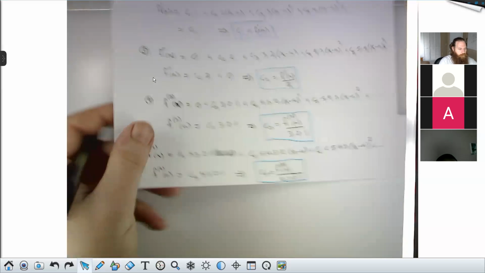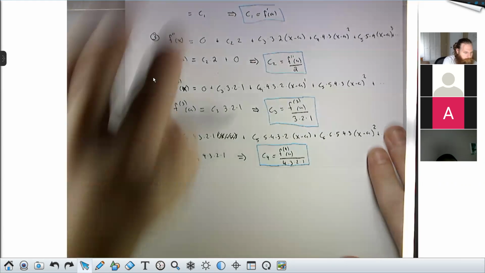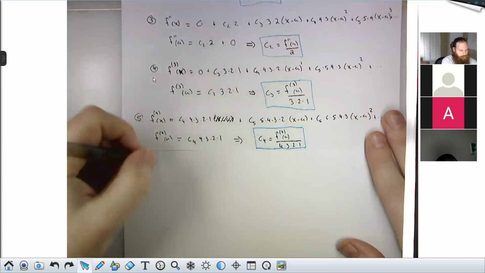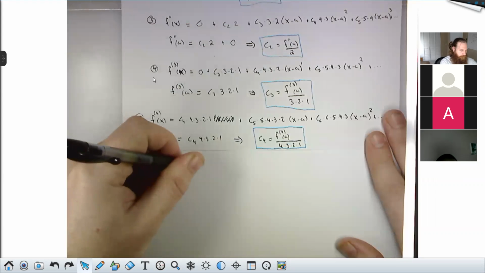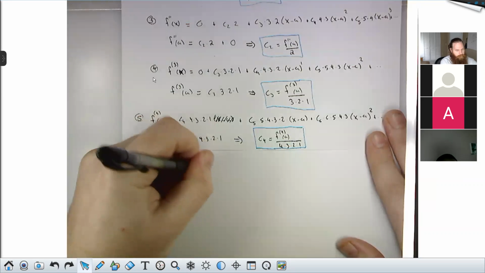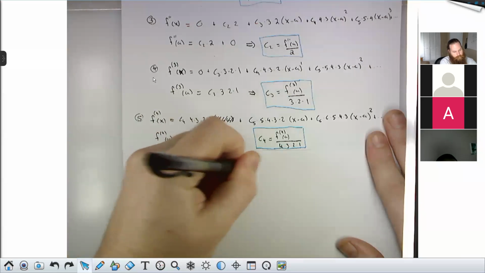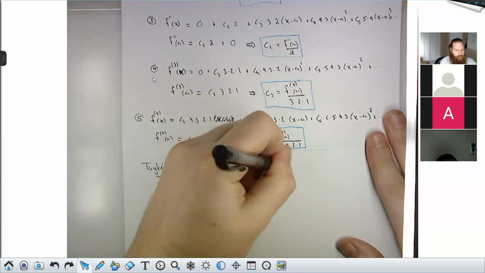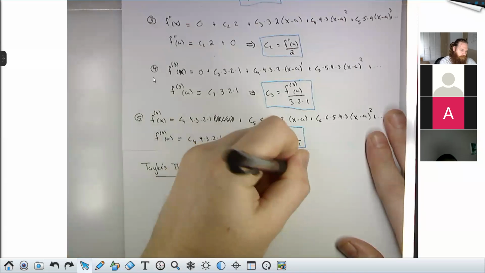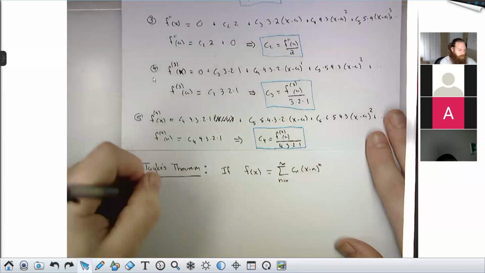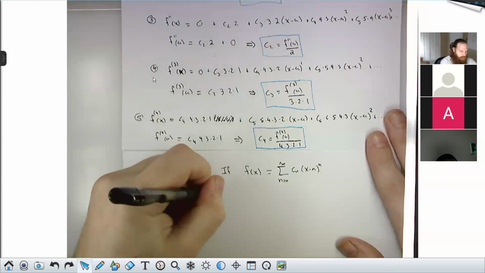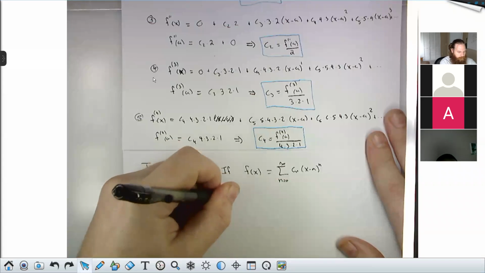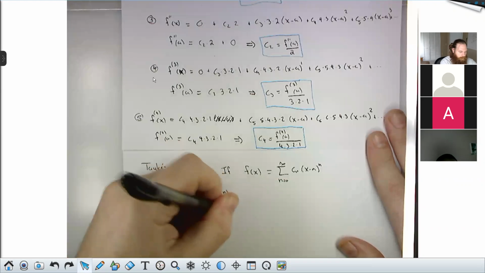So here's the deal. Here's Taylor's formula. This says if f of x is equal to the sum over n from 0 to infinity of cn times (x minus a) to the n, then cn, the coefficient of (x minus a) to the n in this series expansion, is the nth derivative of f evaluated at the center divided by n factorial.